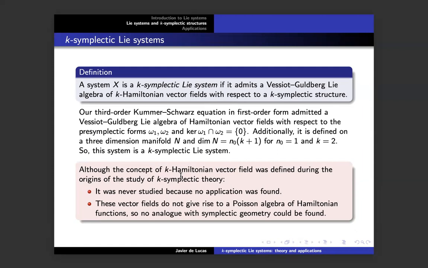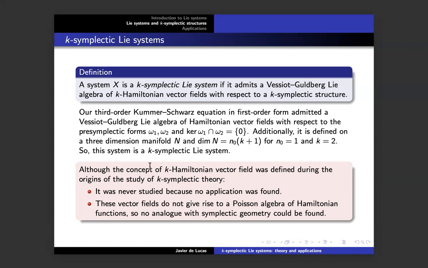Yeah, we have two pre-symplectic forms. We have a three-dimensional Lie algebra, and every element of the Lie algebra was Hamiltonian with respect to each one of the pre-symplectic forms of the k-symplectic structure, a two-symplectic structure.